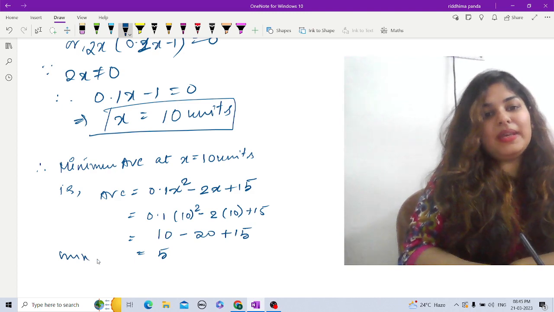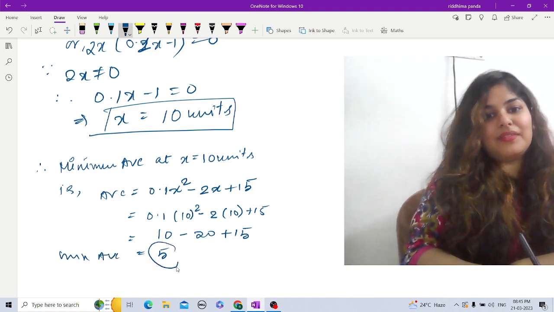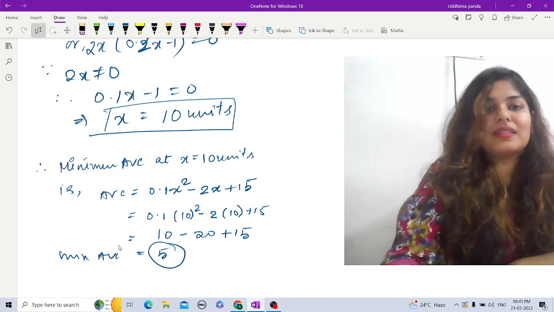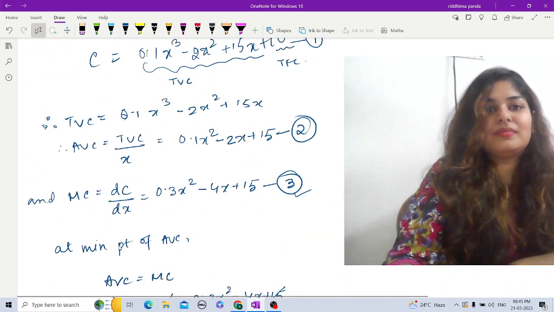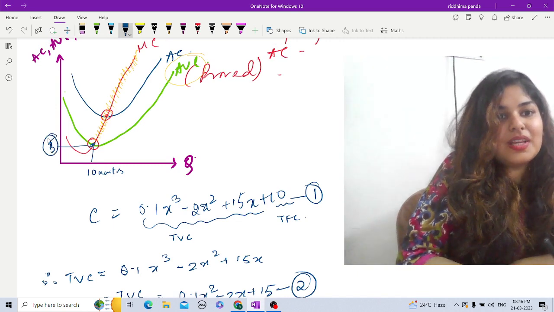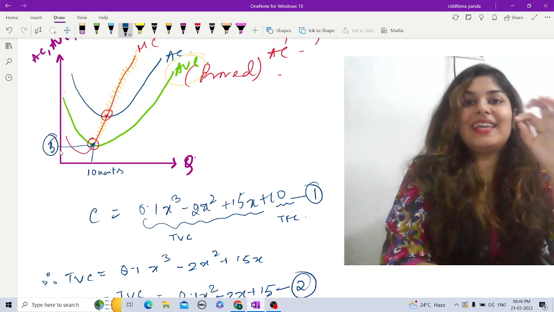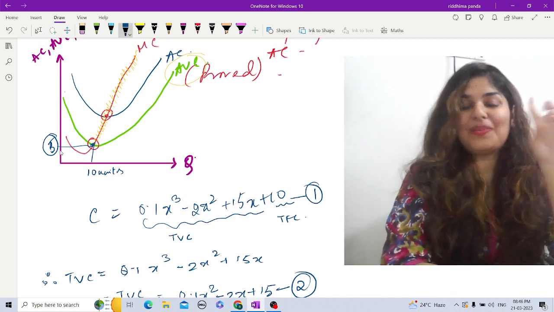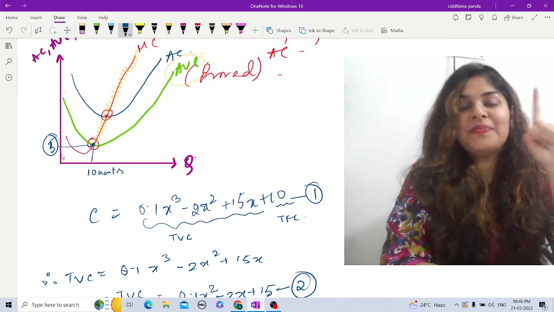So the minimum AVC is 5. What is the meaning here? This point is 5. So if the price is anywhere below 5, the firm will stop the supply, and that is why this point is also called the shutdown point.